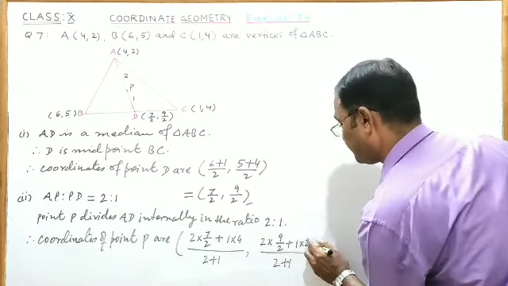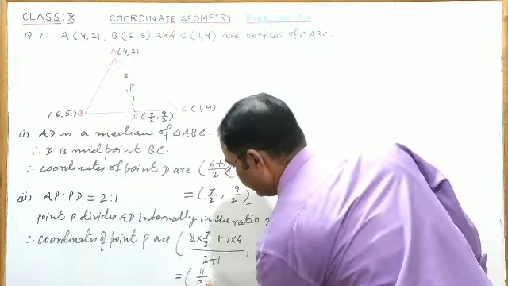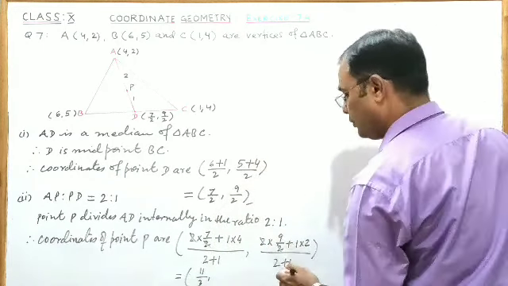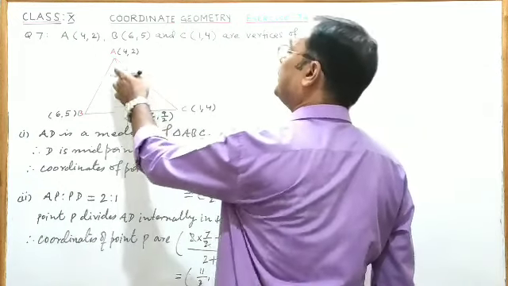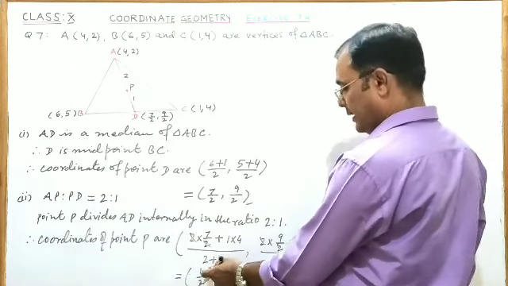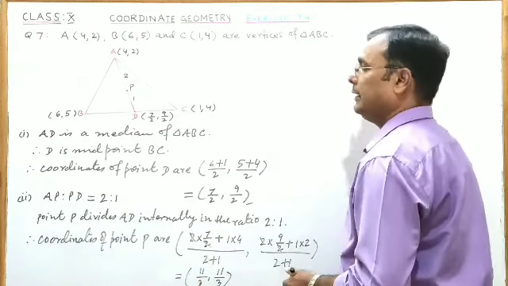This is equal to, 2 to cancel, 7 plus 4, 11 by 3. Here 2 to cancel, 9 plus 2, 11 by 3. So coordinates of this point P, which divides the median AD in the ratio of 2:1, are 11 by 3, 11 by 3.